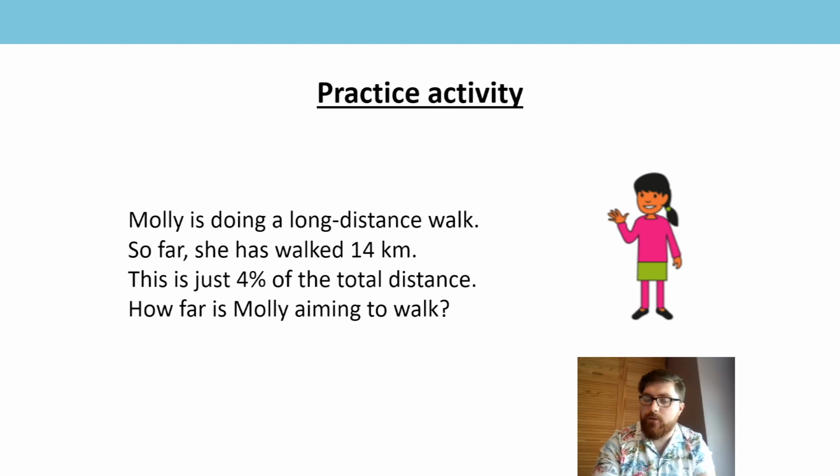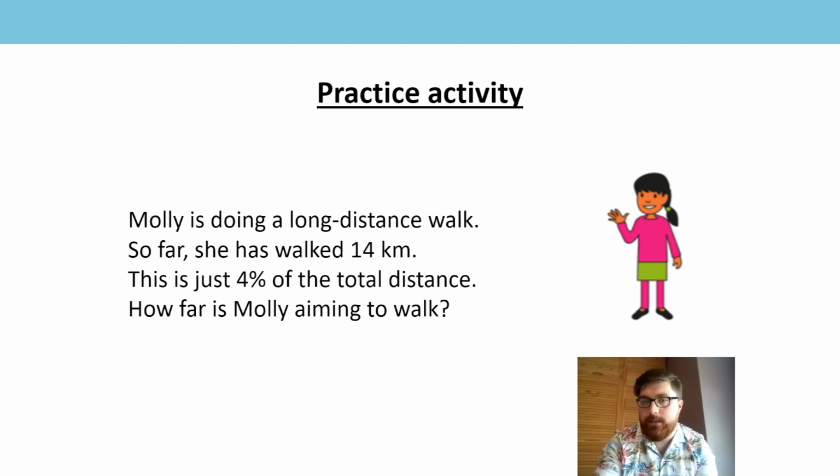We've looked at 2 different ways, haven't we, today? We've looked at questions where it's very easy to multiply our known parts up to get 100%. And then we've looked at problems where this is a little bit trickier, isn't it? We've had to break it down first into an easier percentage. So we've worked with 25% and 10% so far, haven't we?